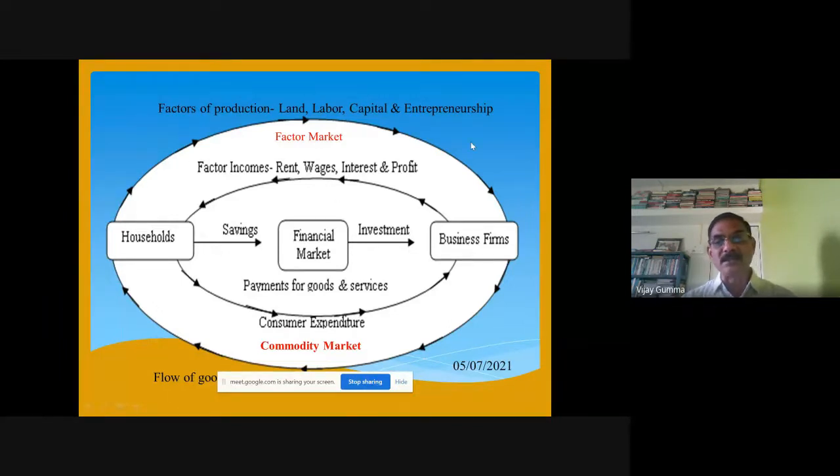The outer circle of this diagram shows a real flow of goods and services clockwise. And the inner circle of this diagram shows money flow anti-clockwise.